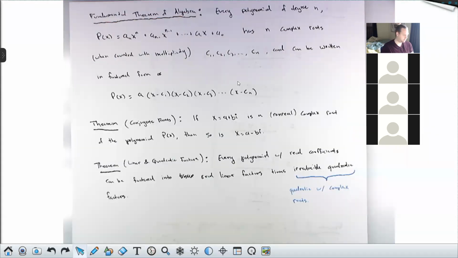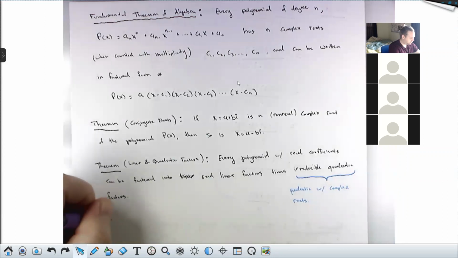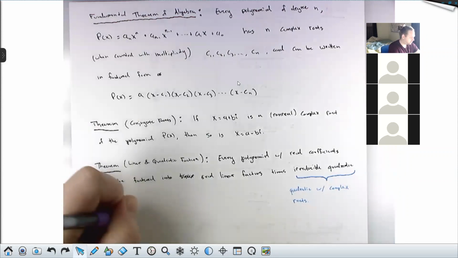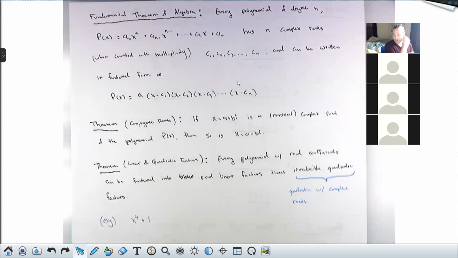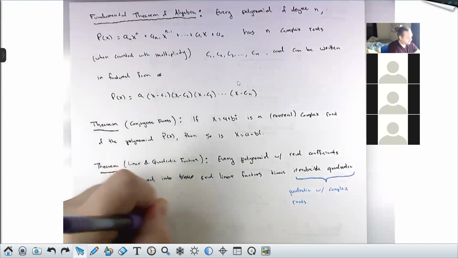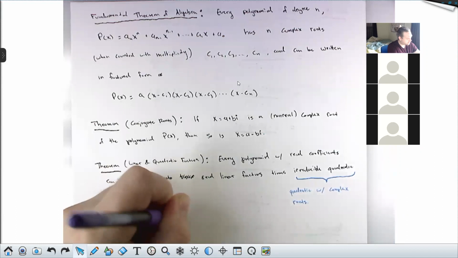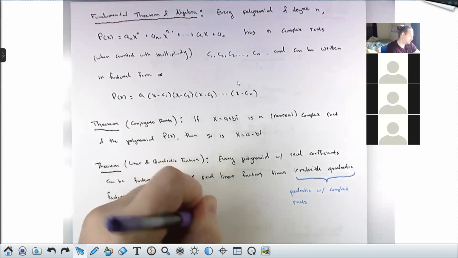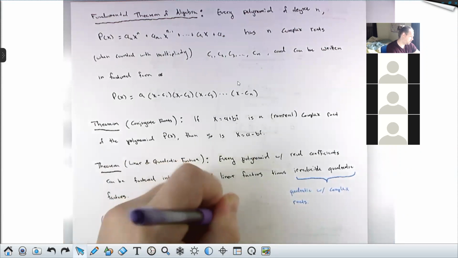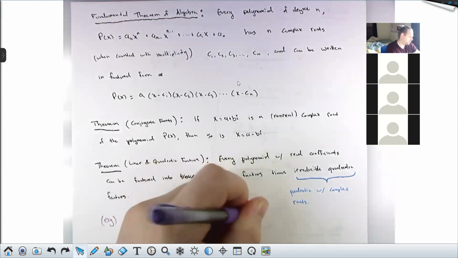All right. So for example, x to the 4 plus 1 does not look like something you could factor easily, and it's not. But this can be written as x squared plus the square root of 2 times x plus 1, times x squared minus the square root of 2 times x plus 1.